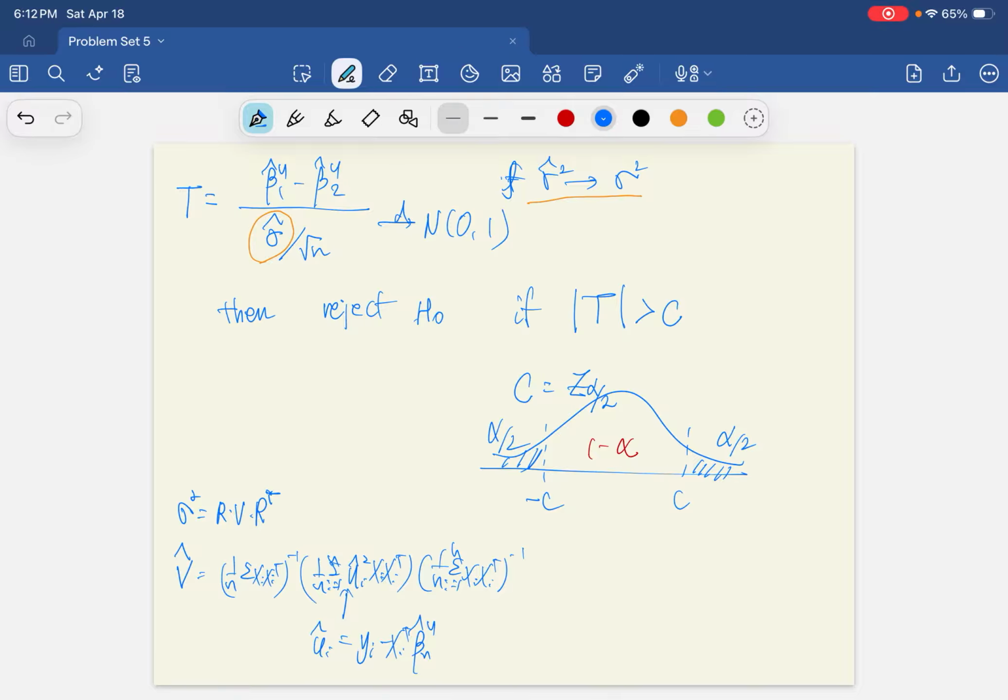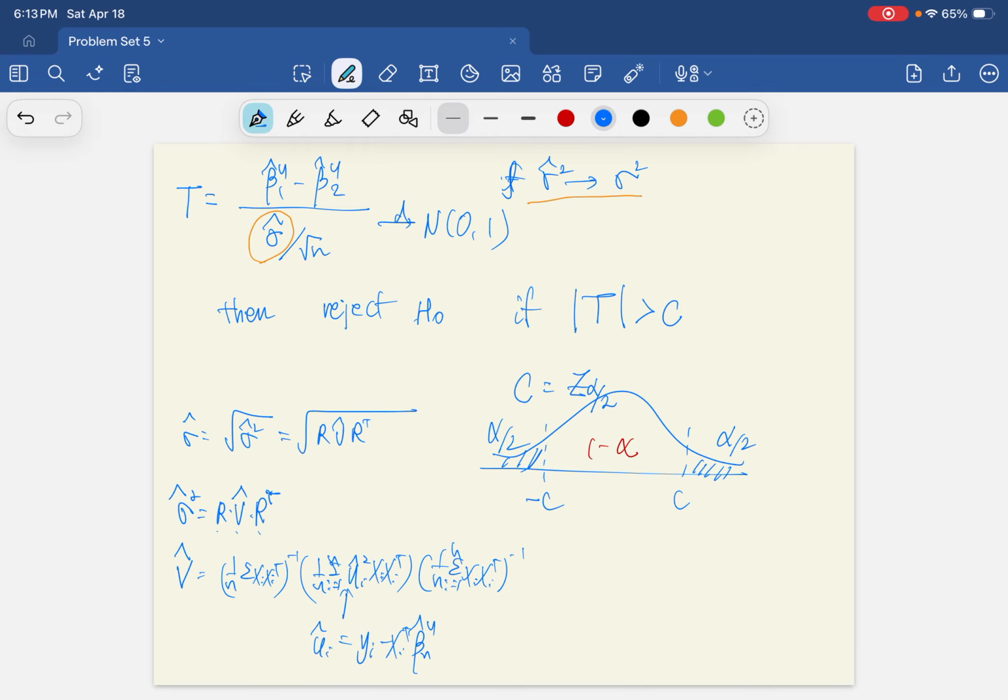Everything is so straightforward. This variance calculation is the same as the OLS variance calculation. That means your sigma hat squared will be R times V hat times R transpose. R is a known matrix, with 1, minus 1 and zeros, so that is calculable, V hat can be calculated, and R transpose is of course known. Then sigma hat will be the square root of R V hat R transpose.